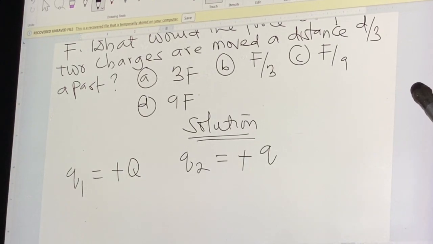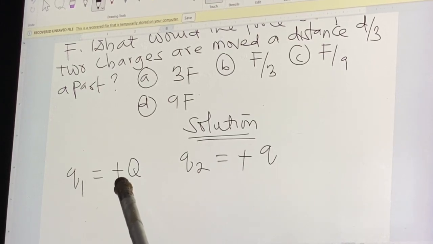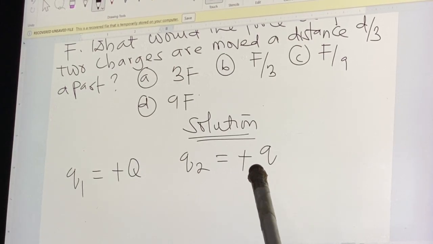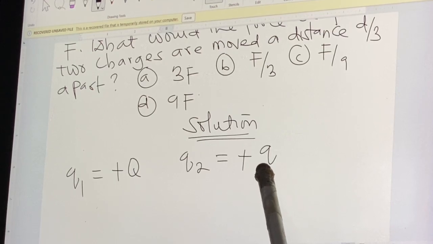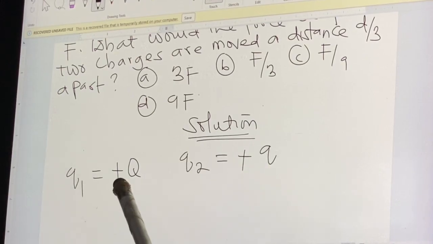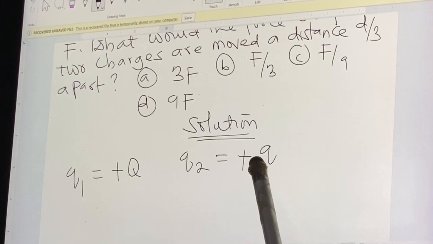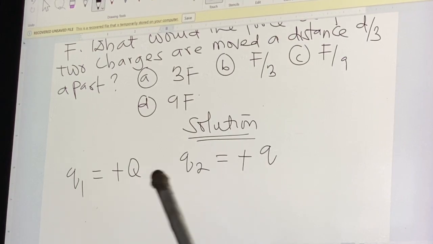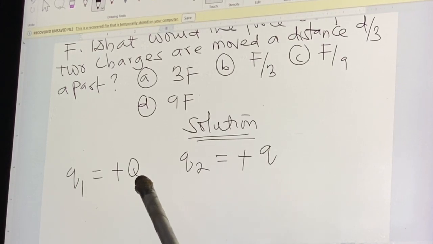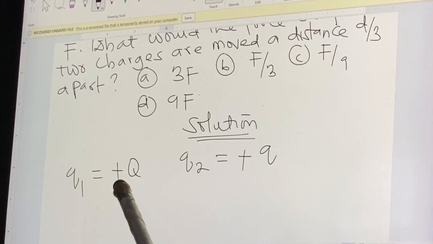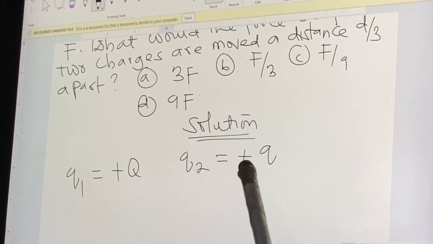But if the two point charges are attractive, it means that one is going to be plus q and the other is going to be negative q. Please take note of this. Since they did not mention attractive force here, this is plus Q and this is plus q.